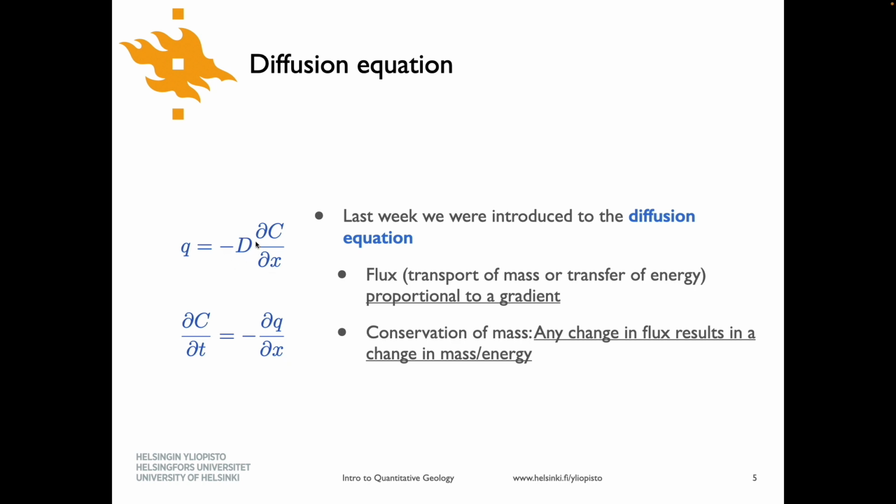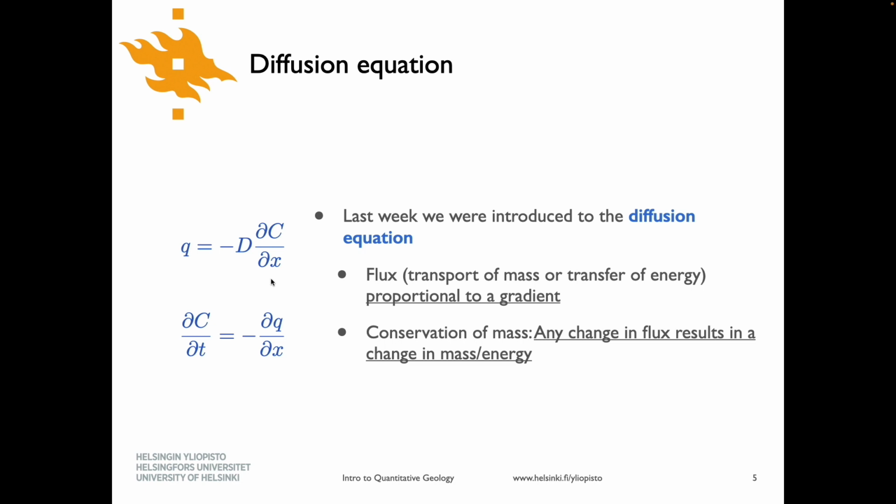And the proportionality that we saw last week was this capital letter D, which was representing the diffusivity or diffusion constant. Whether you consider that as a constant or make it dependent on things like temperature can make things a little bit more complicated. But in essence, the simplest representation would be that we have some gradient multiplied by this scalar, which is the diffusivity. That was one part of our definition.